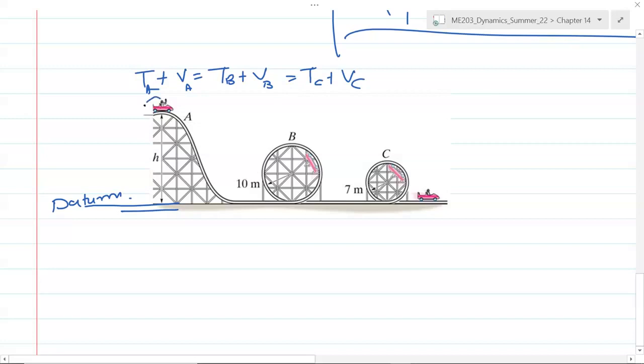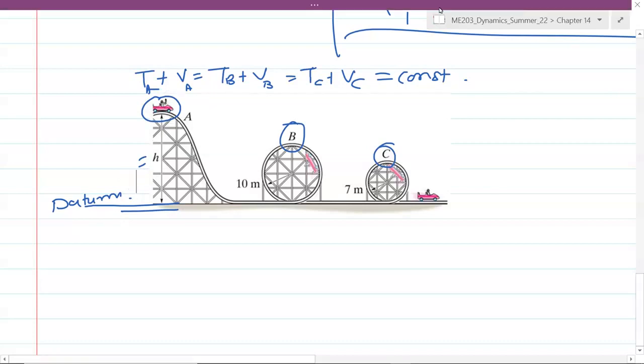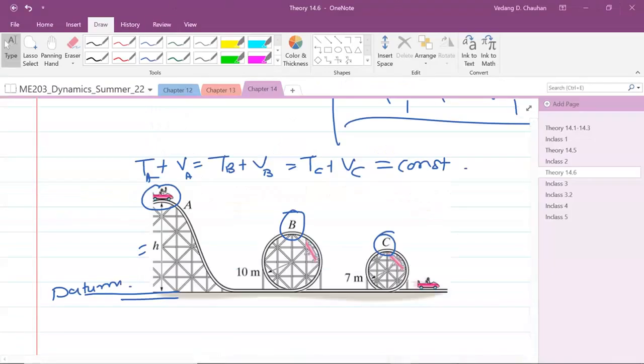Okay, so the kinetic energy plus potential energy at A is the same as kinetic plus potential at B is the same as kinetic energy plus potential energy at C. And using this concept, we can actually design the roller coaster or calculate the required height from the datum plane for the coaster car at position A. Okay, so now we can go back and look at the presentation.